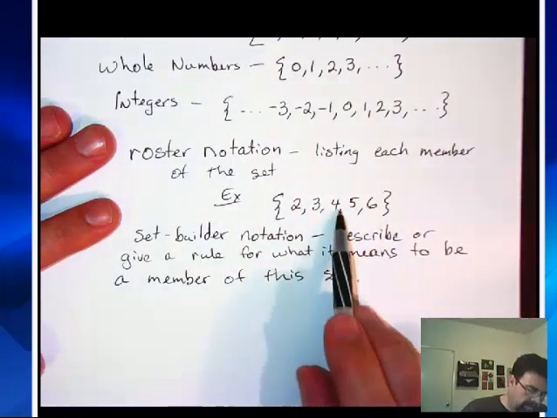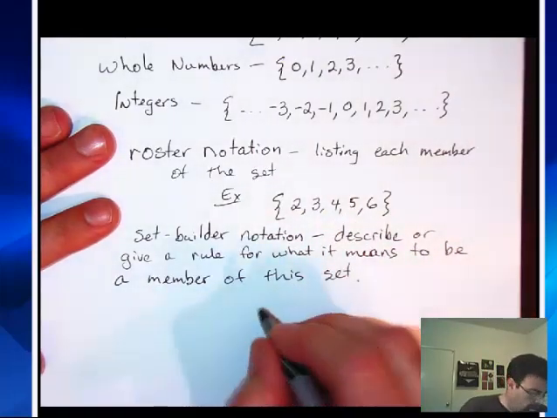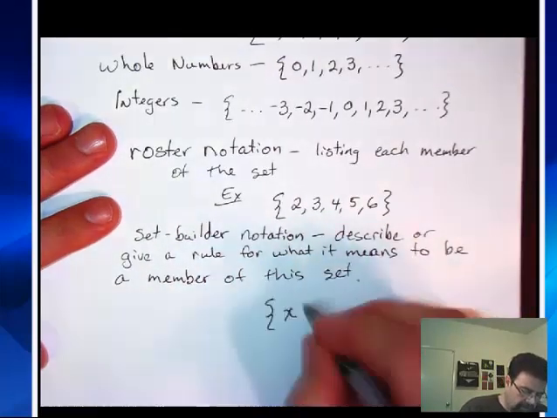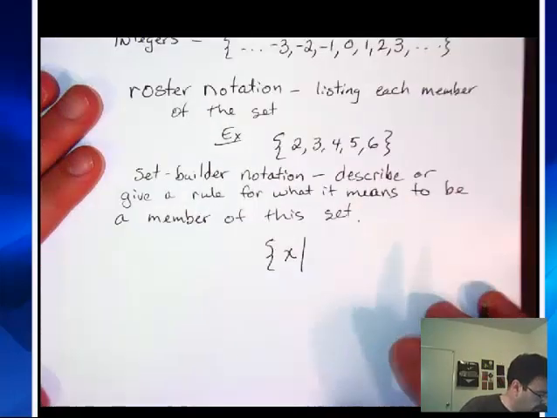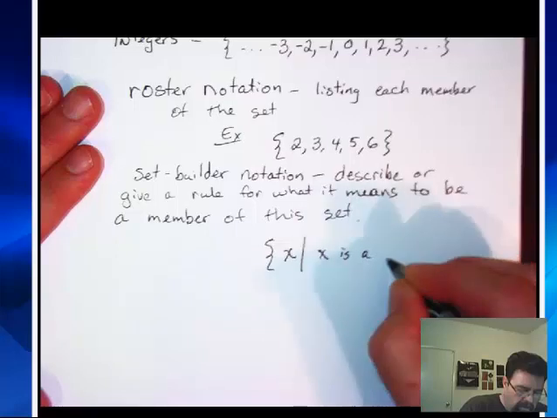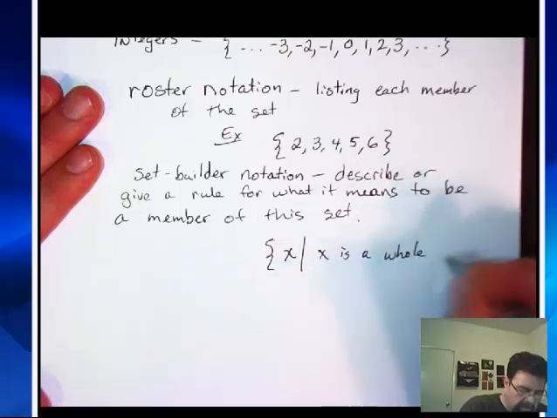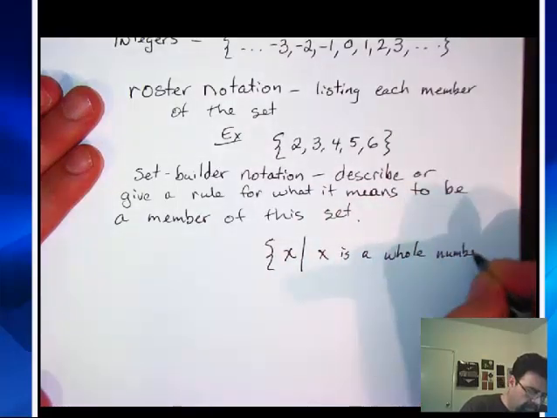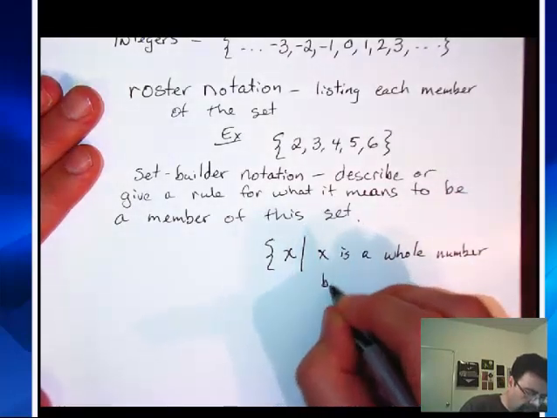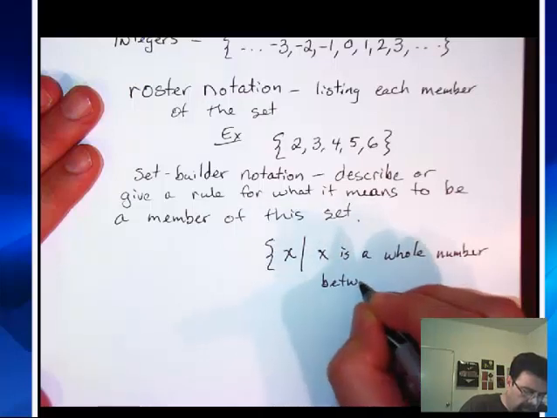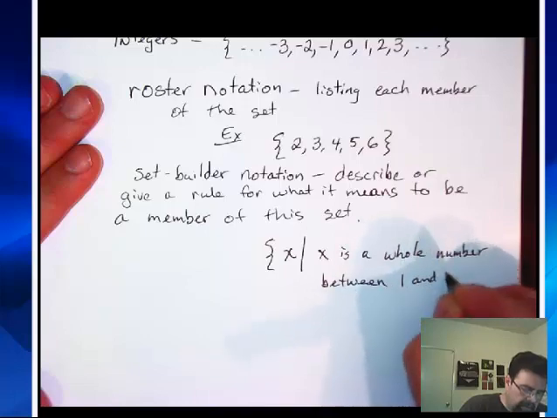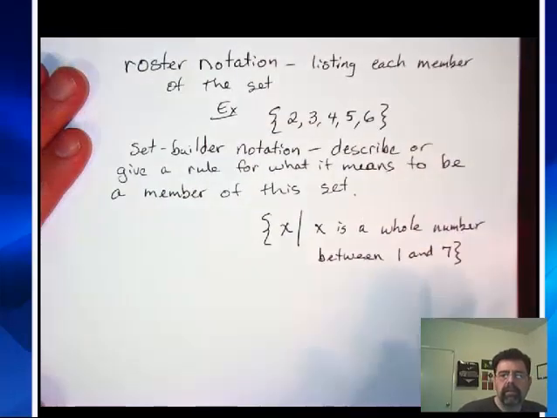Okay, so the way I could have done this set here is basically, I'm going to say the set of all x's such that x is a whole number between, what did I say, 1 and 7.